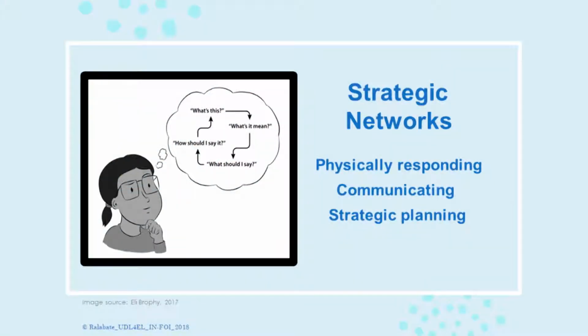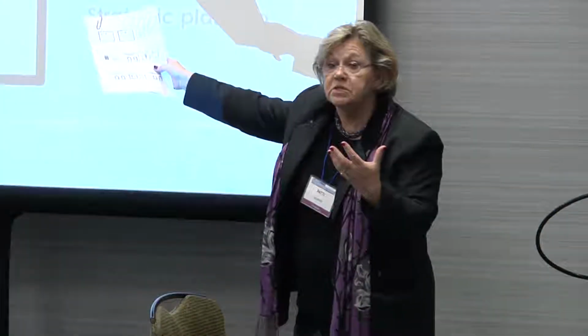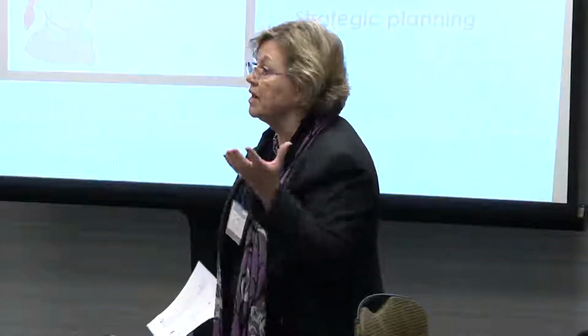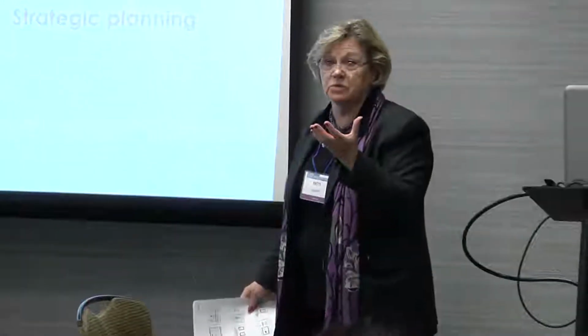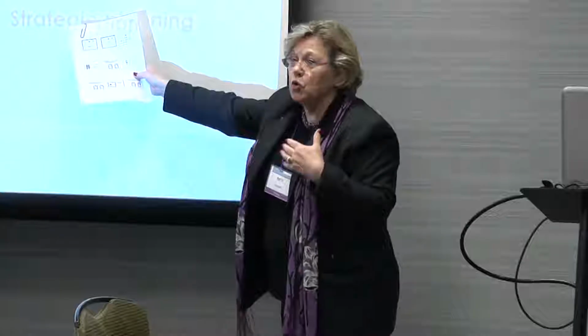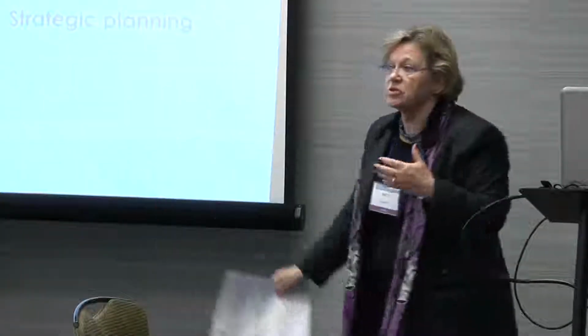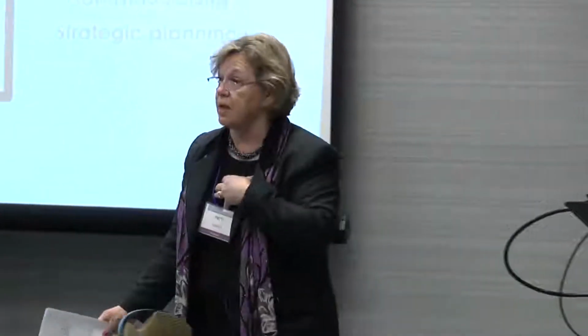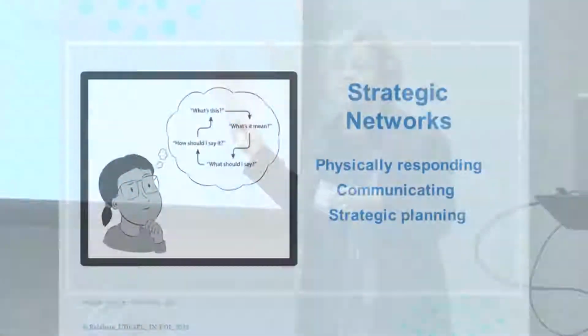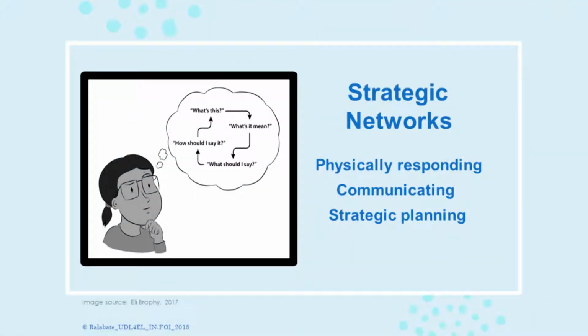The strategic networks really do relate to how you're physically going to respond, and there are cultural norms within certain cultures that regulate how they can physically respond. In what kind of grouping can they physically respond? Who they can communicate with, who they can work with, and strategically how they might plan, whether or not they feel they have permission to plan, whether or not they feel they have permission to play games that are competitive.